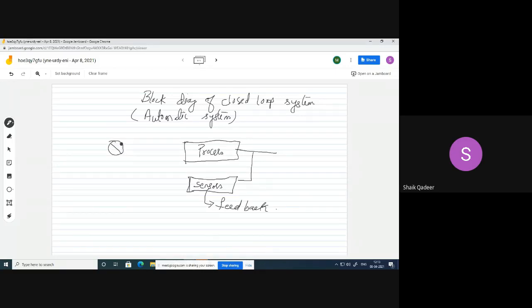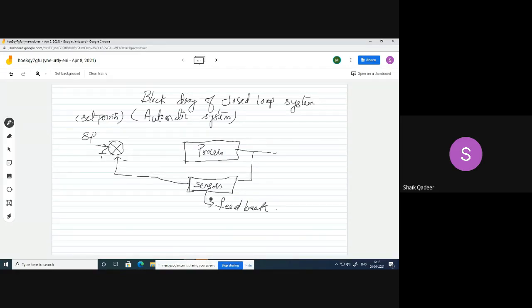Here we have a mechanism to compare these feedback values with preset values. This preset value is called the set point.